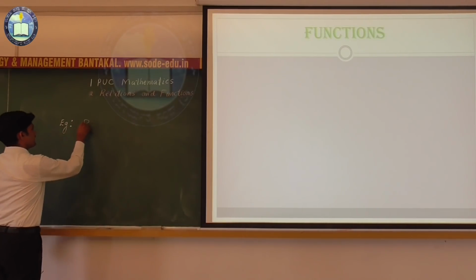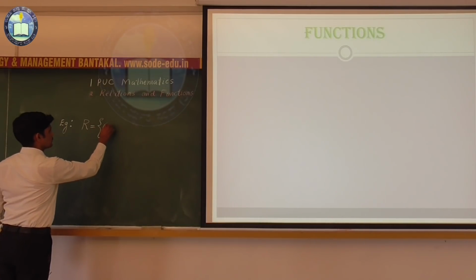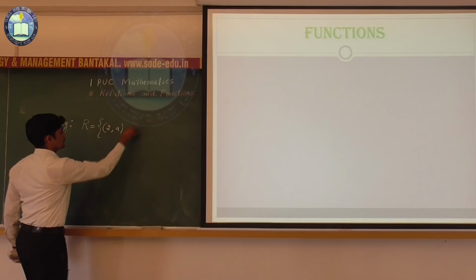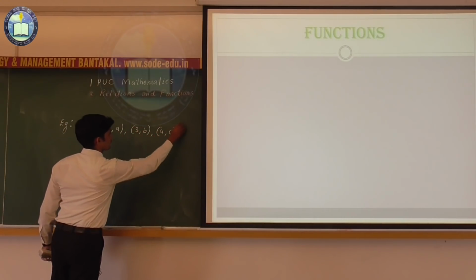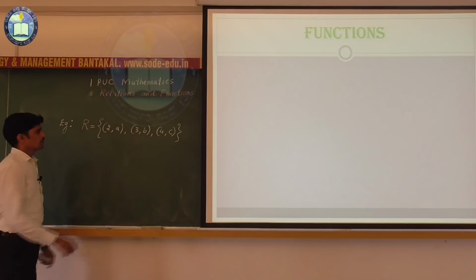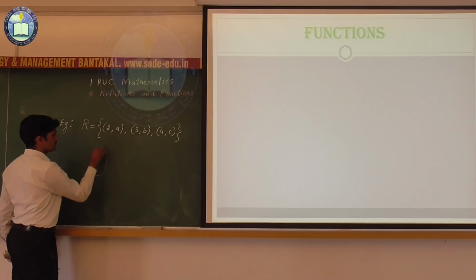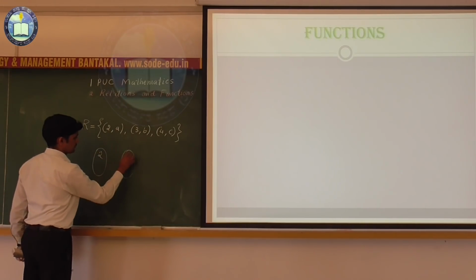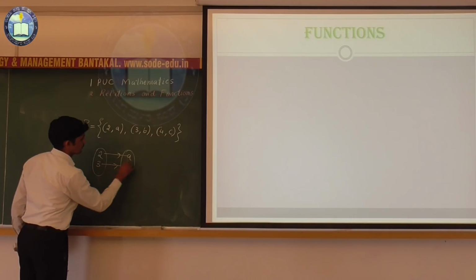If we write a relation like 2 comma a, 3 comma b and 4 comma c, here we can observe that 2 is related to a, 3 is related to b.